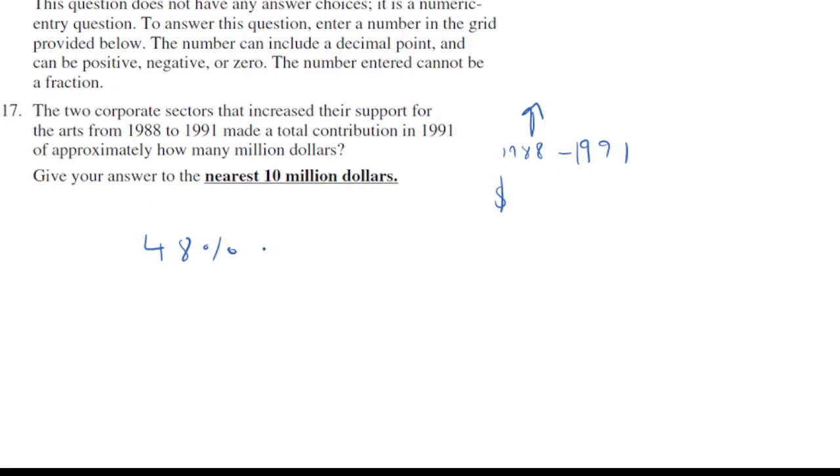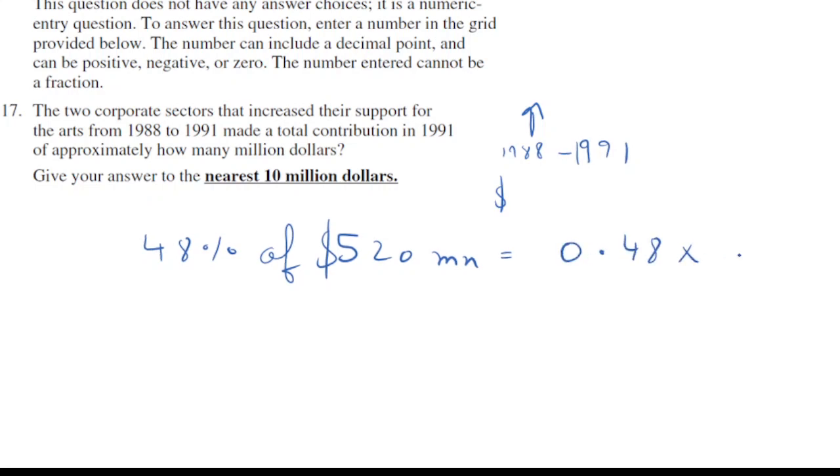However, we need the dollar contribution. So to get the dollar contribution, we need to find out the amount of contribution in 1991 from these 2 sectors. For that, we will find 48% of the total contribution received from all the sectors for arts in 1991, which is $520 million. This will be calculated using simple mathematics.